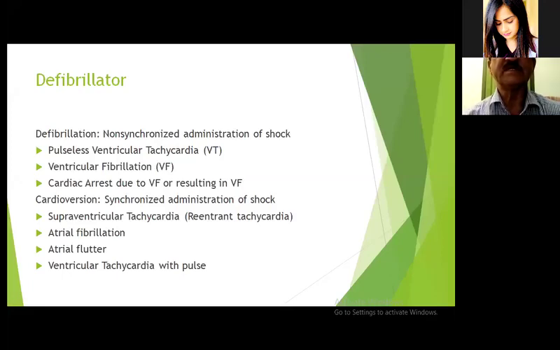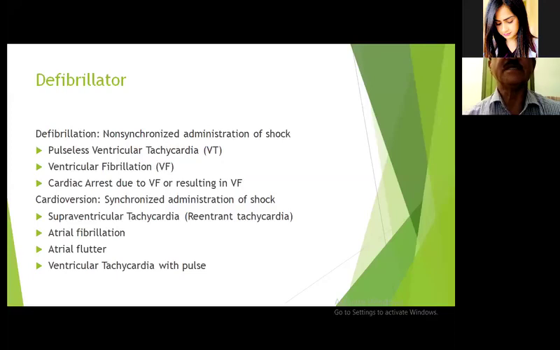You press the synchronized button, then you administer the electrical shock. The indications are supraventricular tachycardia, atrial fibrillation, atrial flutter, and stable VT, meaning ventricular tachycardia with pulse.